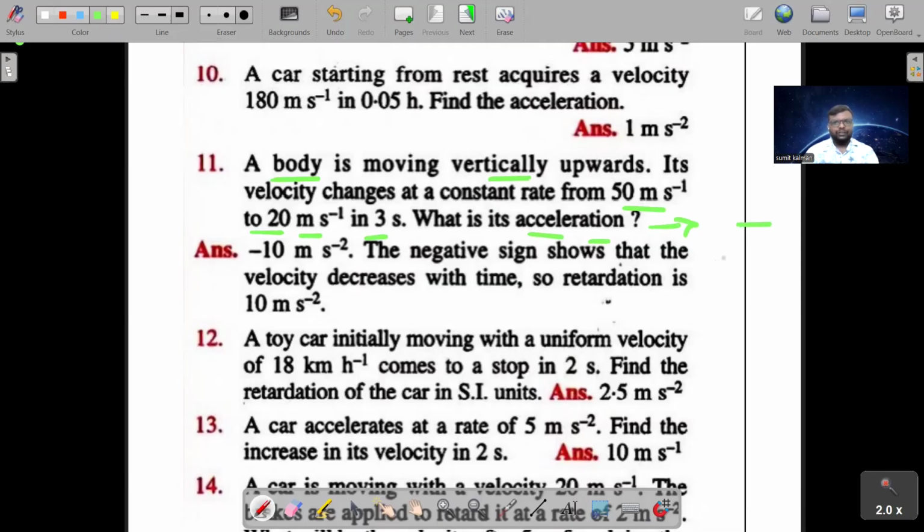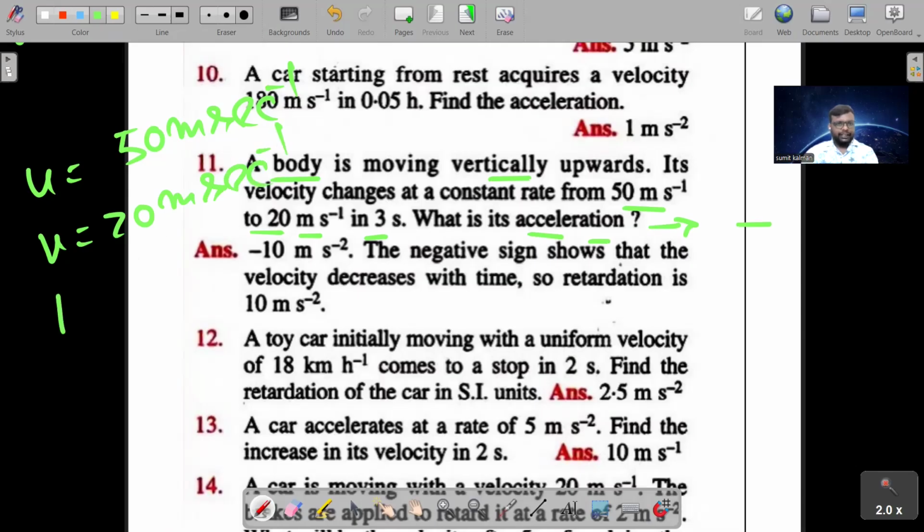So, is this clear? Here, friends, what is the initial velocity? 50 meter per second. This is the initial velocity. What is the final velocity? It is 20 meter per second. And what is the time? It is 3 seconds. So apply the formula. a is equal to how much?